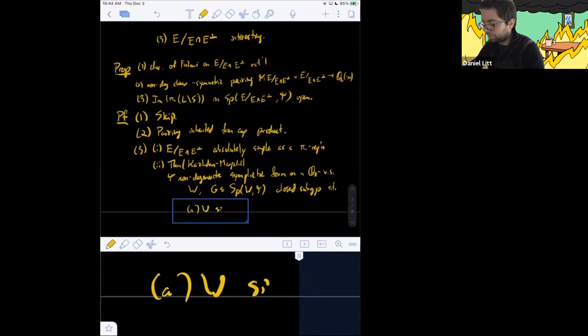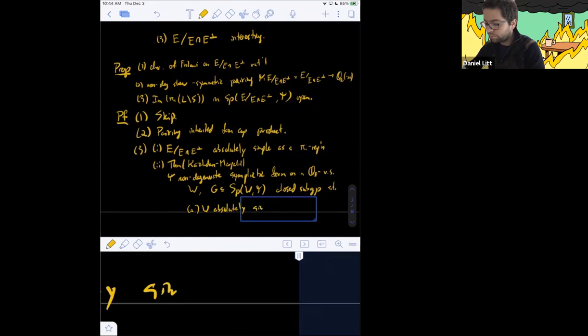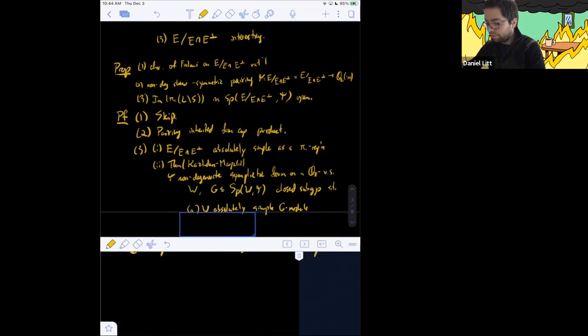A: W is a simple G module. Sorry, let me write absolutely simple. Absolutely simple just means that when you base change to the algebraic closure, it stays simple. And B: G is generated by transvections.